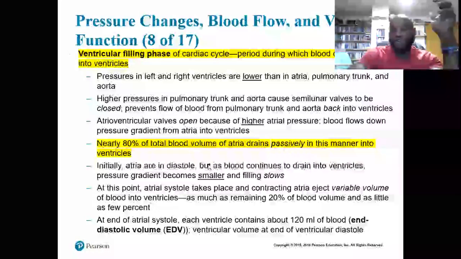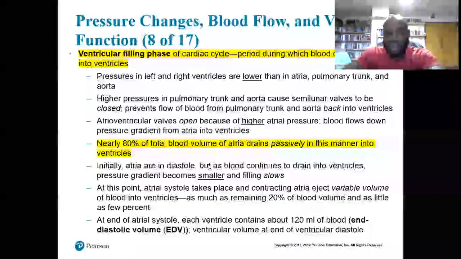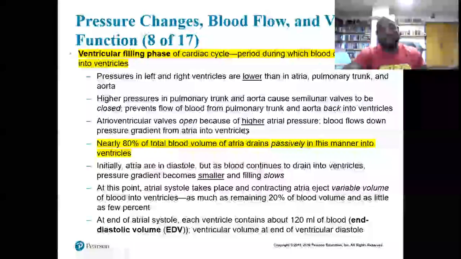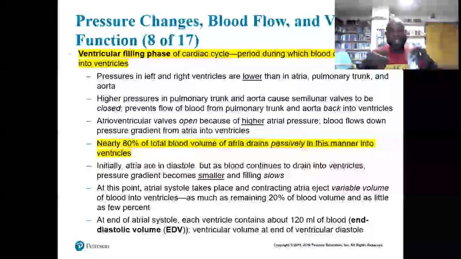Because the ventricles have just come out of the relaxing phase, the pressure is lower in the ventricles, so blood is going to flow into the ventricles. It's not going to flow into the ventricles from the pulmonary trunk or the aorta, because that would be flowing backwards. So those valves will close, so the blood doesn't flow backwards. But the atrioventricular valves, the bicuspid and tricuspid valves, will allow the blood to flow down into the ventricles.